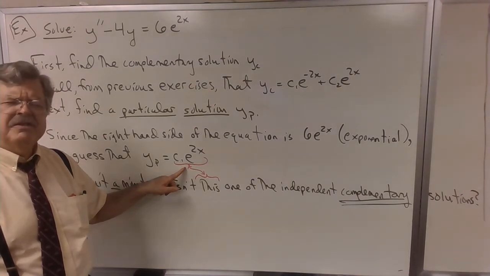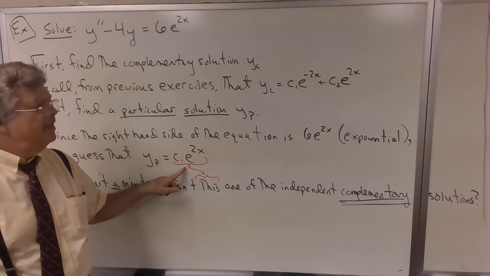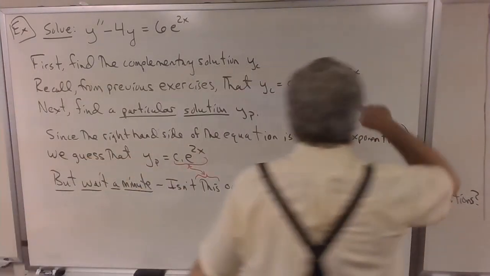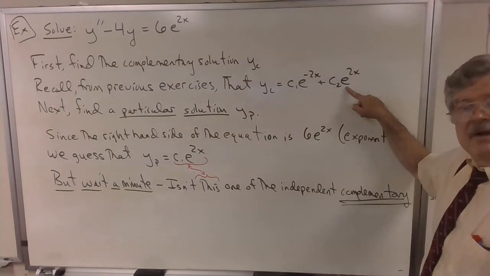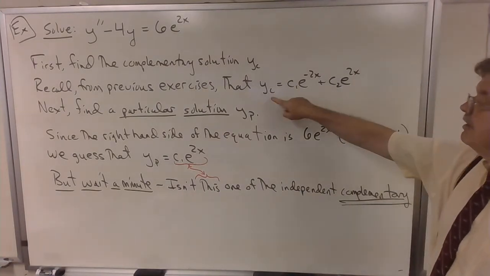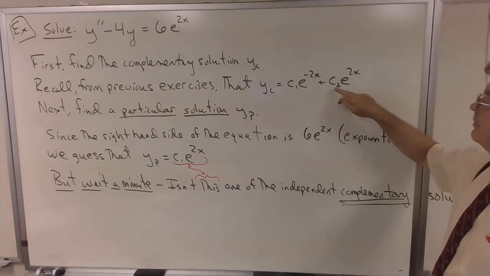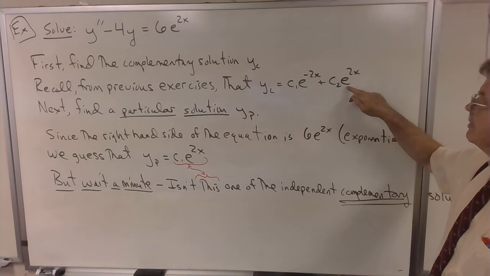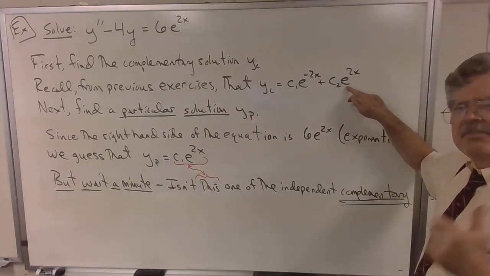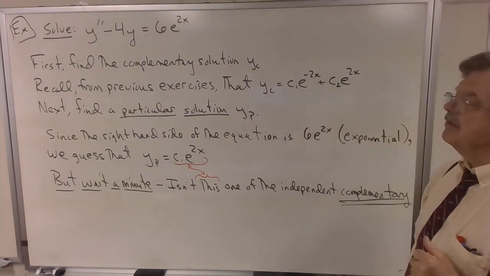I was also right to be thinking in the back of my mind, some constant times e to the 2x. Haven't we seen that somewhere before? And I look up, and here is some constant times e to the 2x as part of the complementary solution. C2 e to the 2x is one of the two independent solutions that form the complementary solution.